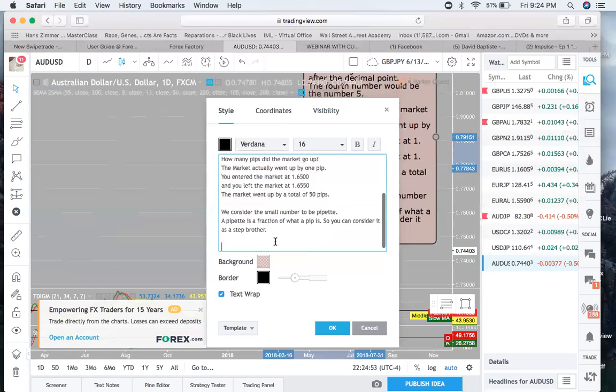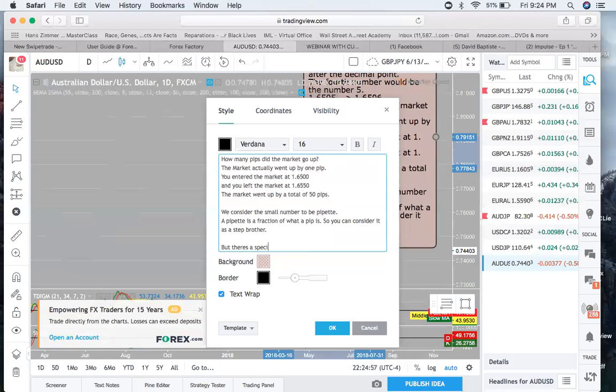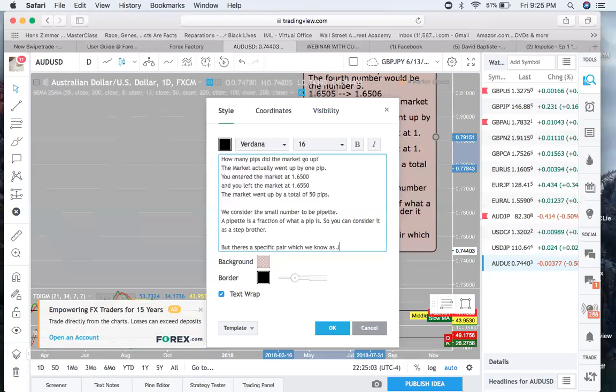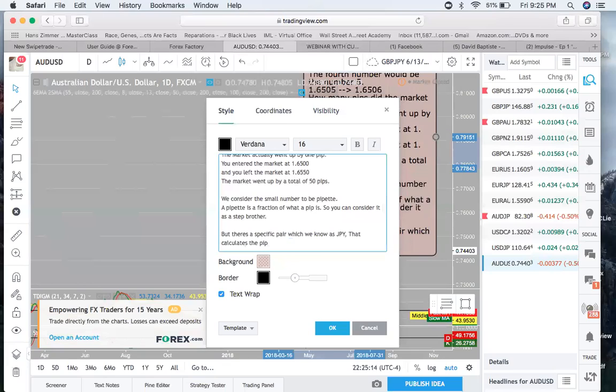But there's a specific pair which we know as JPY that calculates by the second number after the decimal point.